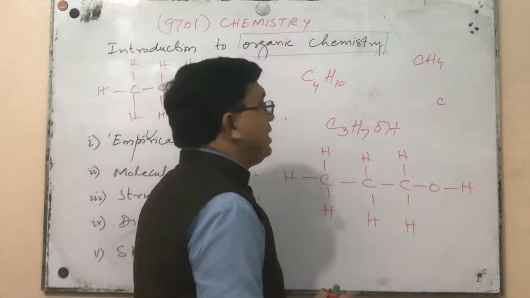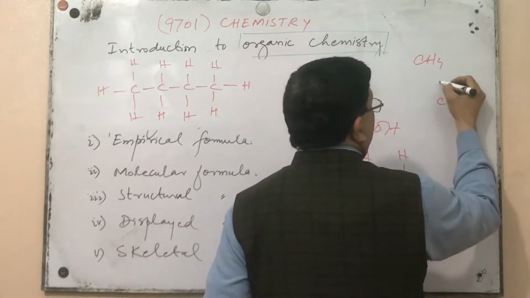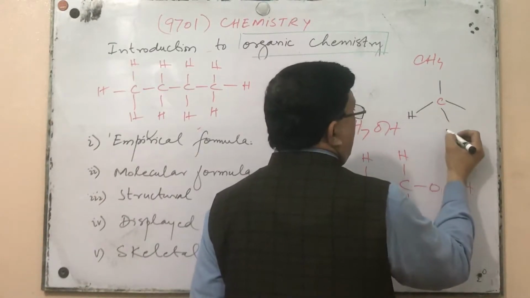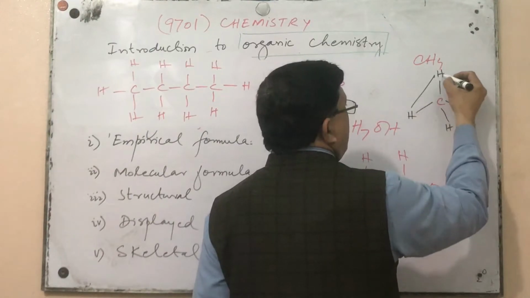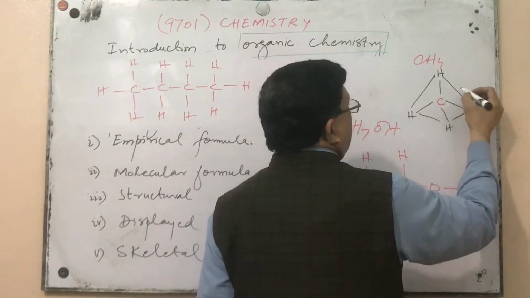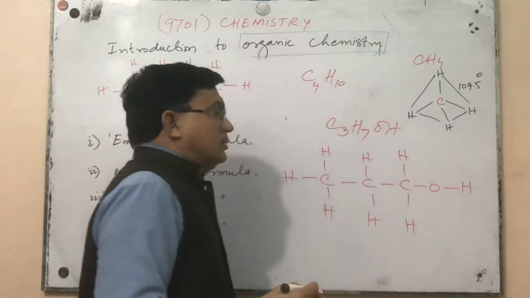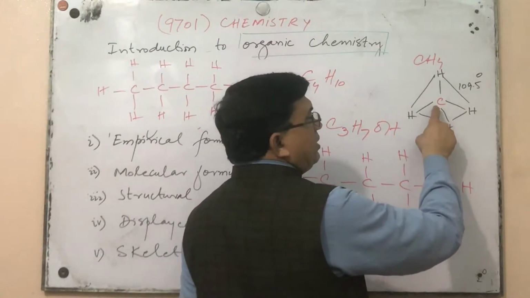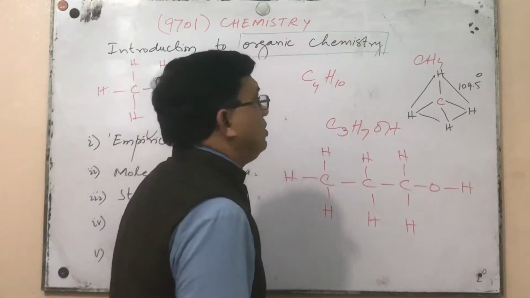Carbon is at the center, and all four hydrogen atoms are arranged towards the four corners of a regular tetrahedron having an angle of 109.5. This tetrahedral geometry is created by carbon when carbon is forming four separate bonds.